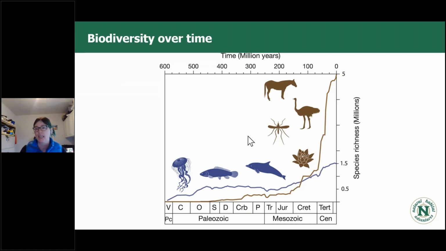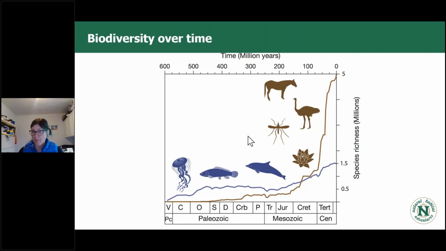Number of species in the water is tracked on the blue line, number of species tracked in brown represent land species. So overall, despite the fact that we're talking through a bunch of mass extinctions, we are looking at across the board a general increase over time in biodiversity and in species richness.